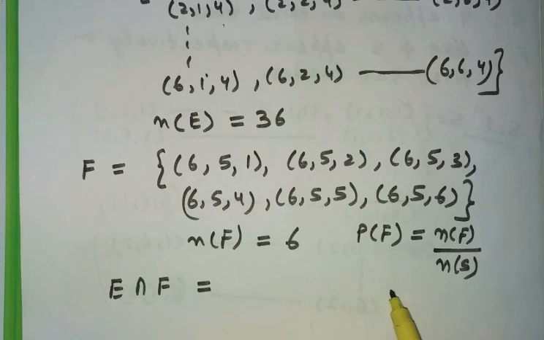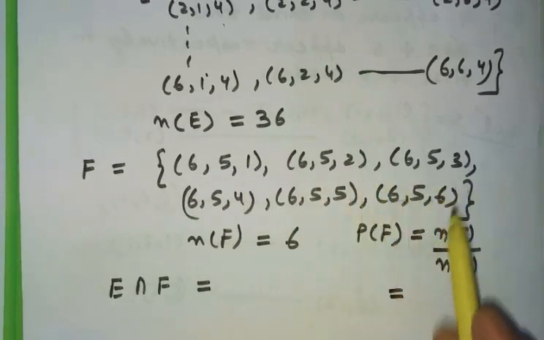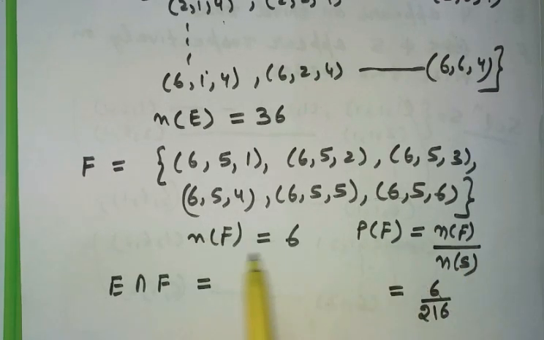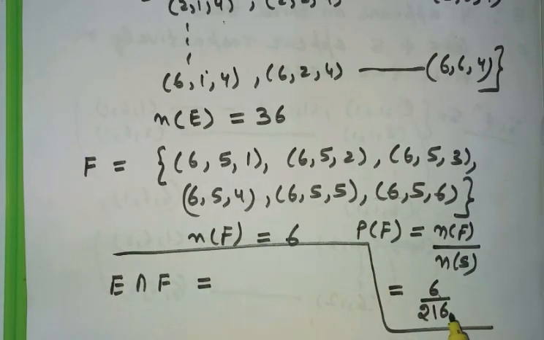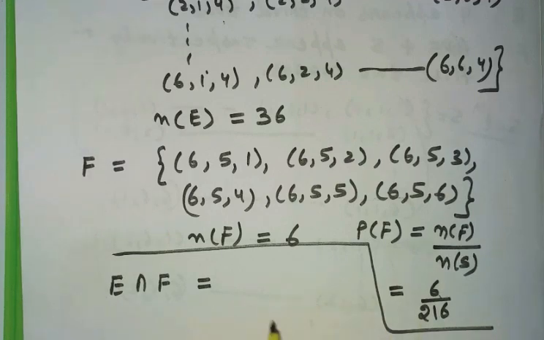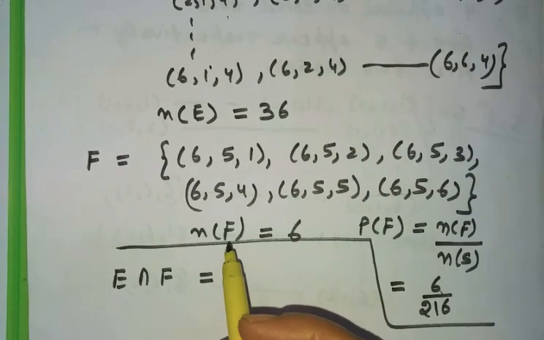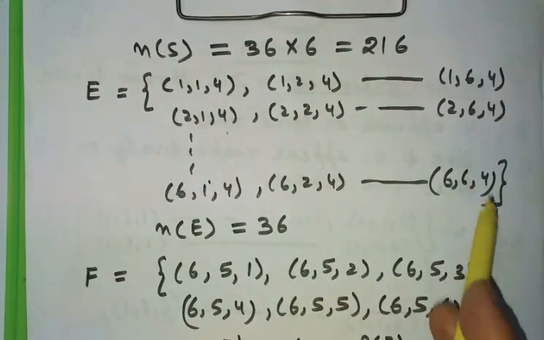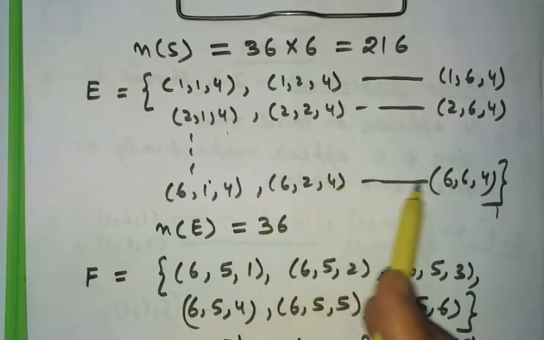So we know that these are 6 elements. So number of elements of the set F are 6, but number of elements in the sample space is 216. So 6 upon 216 is the probability of F. Now let us find out the elements of E intersection F. Now you can see that E contains all those triplets whose last number is 4.